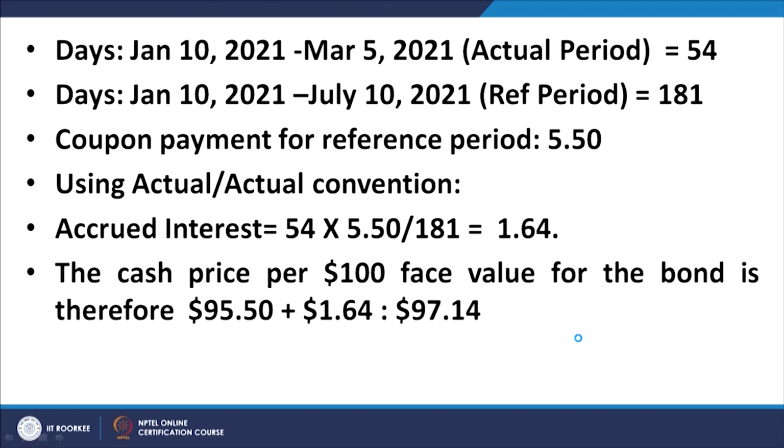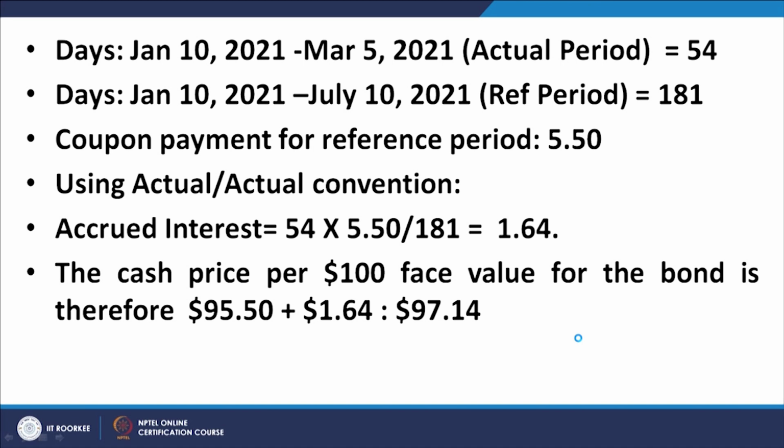So, we do not have to work out the number of days, and the coupon payment for the semi-annual period of 181 days, from January 10, 2021 to July 10, 2021, is half of the coupon rate. The coupon rate is 11%. Therefore, the amount of interest for this period on a 100 rupee face value of bond is equal to 5.50.